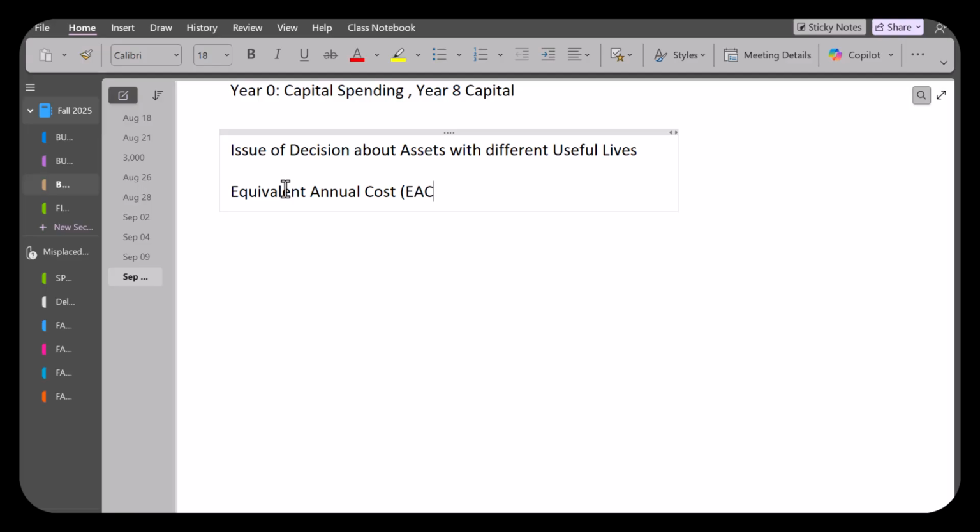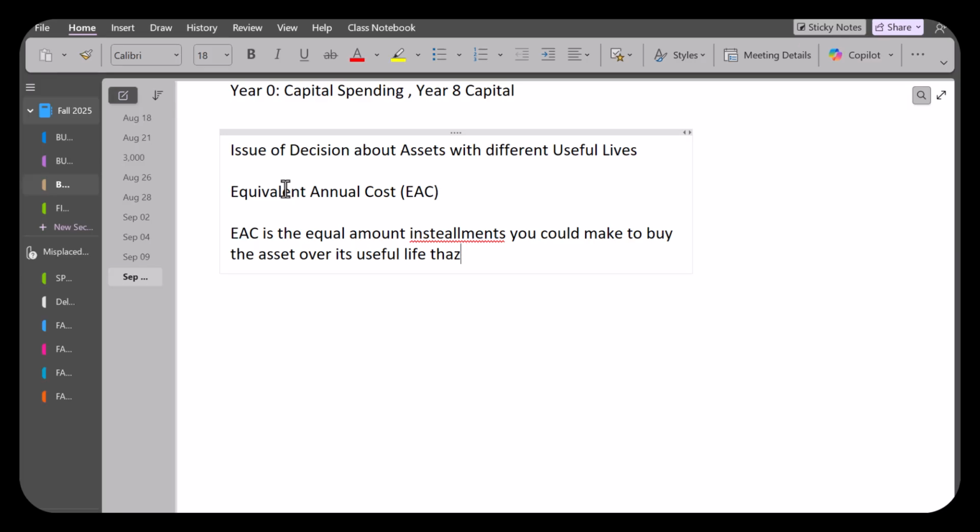That's basically, EAC is the equal amount of payments or installments you could make to buy the asset over its useful life that has the same present value as the cost of buying the assets outright right now.